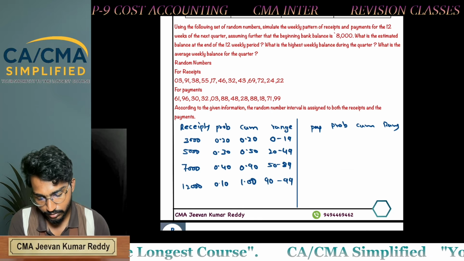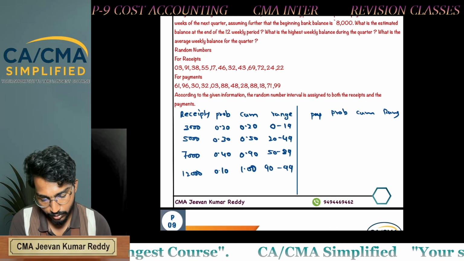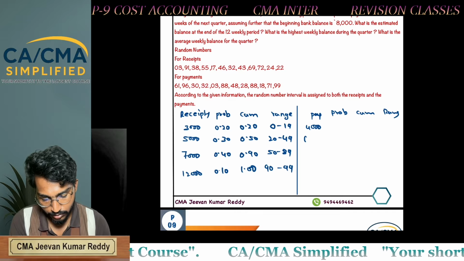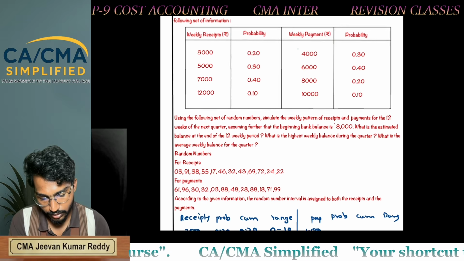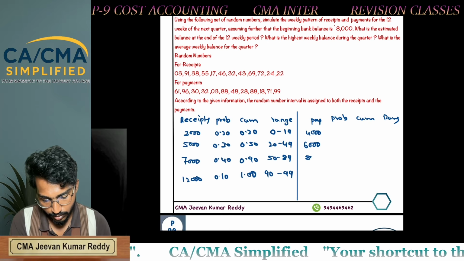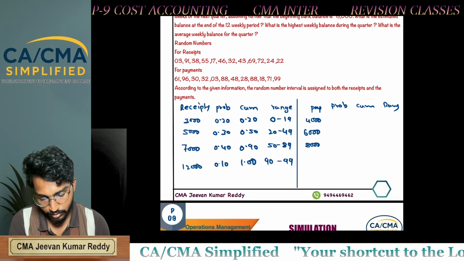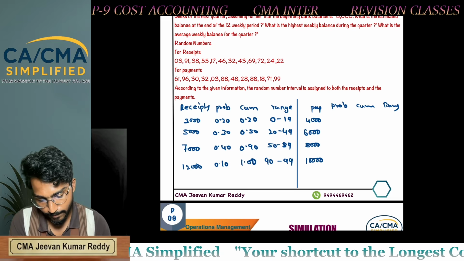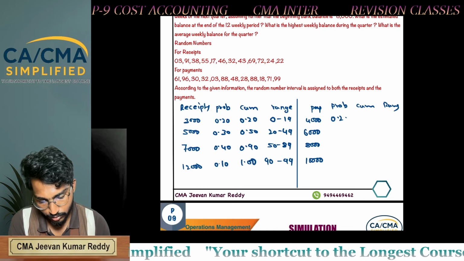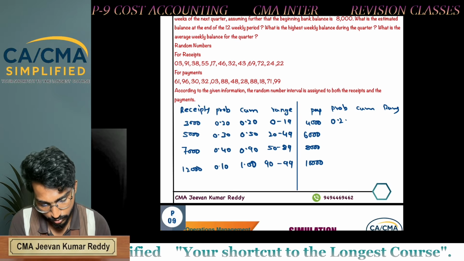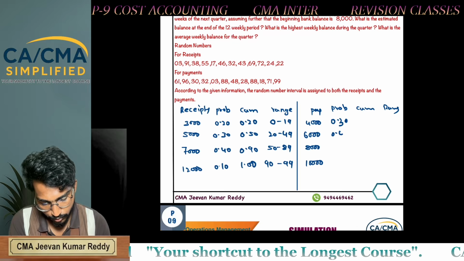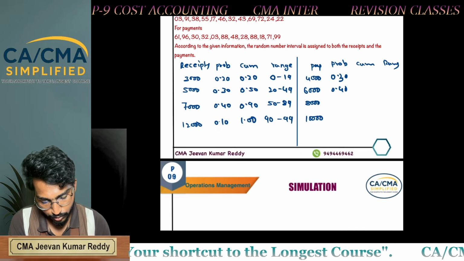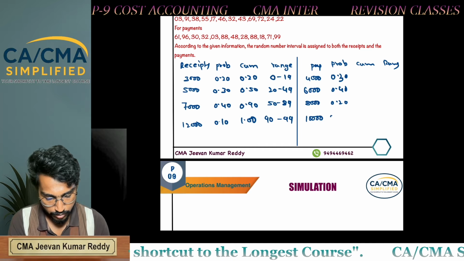Next, payments: 4,000, 6,000, 8,000, 10,000. Probability 0.30, 0.40, 0.20, 0.10.